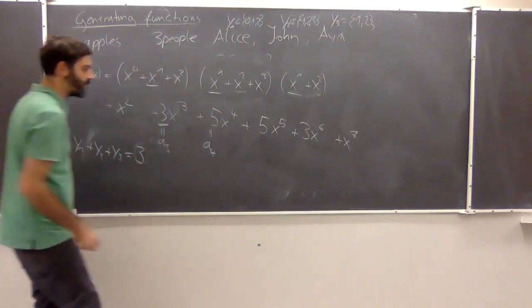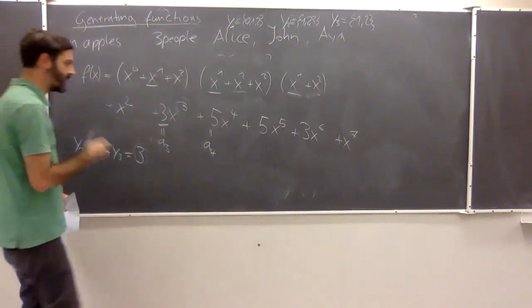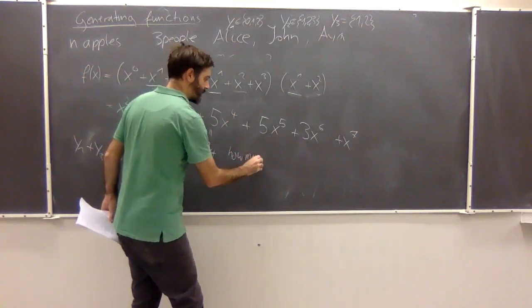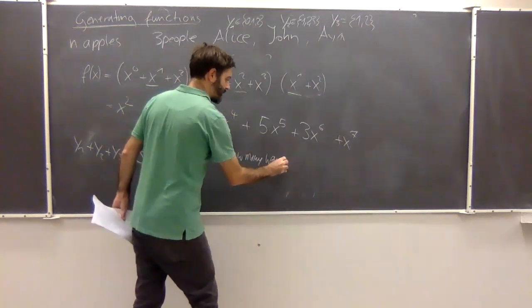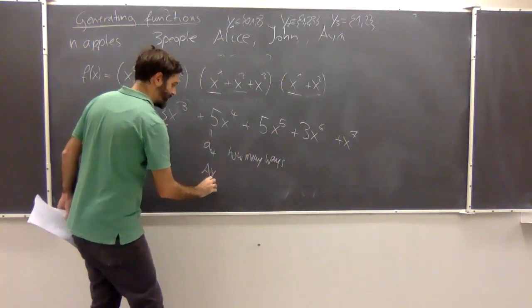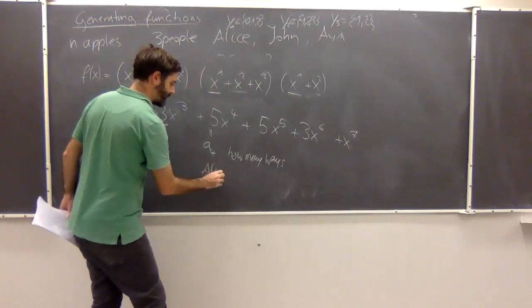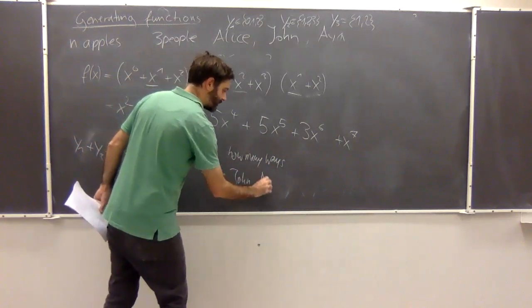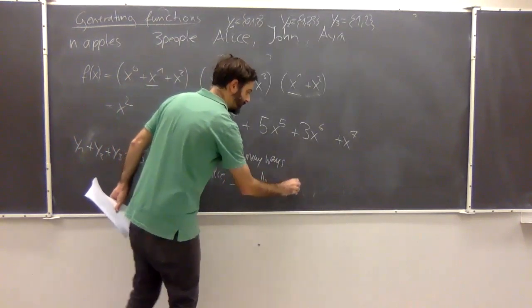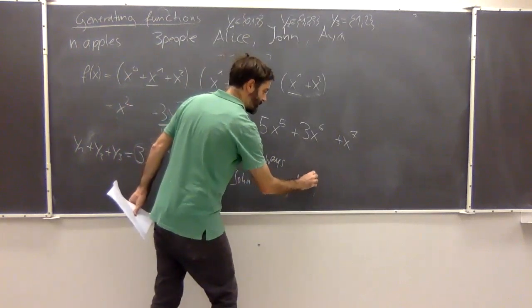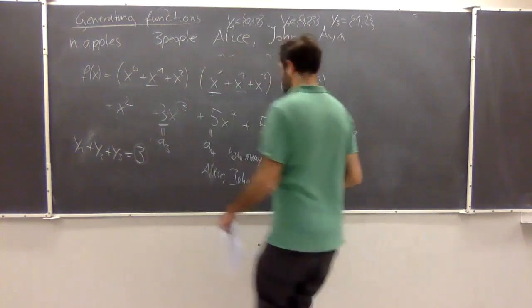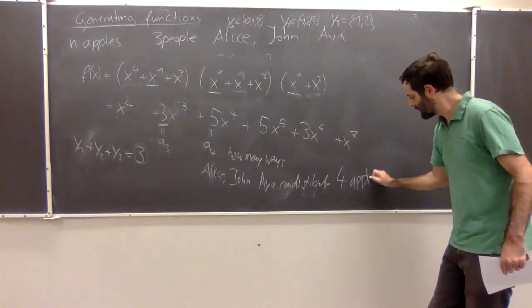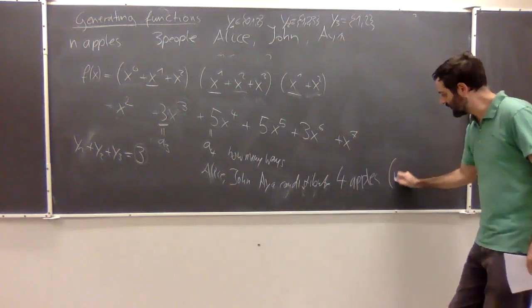So a_4 is equal to 5. A_4 is the answer to how many ways Alice, John, and Aya can distribute four apples within the constraint.